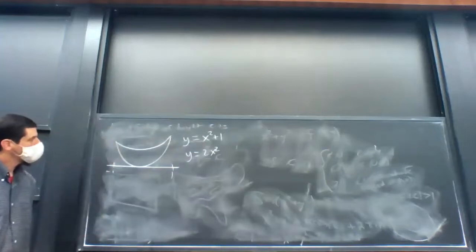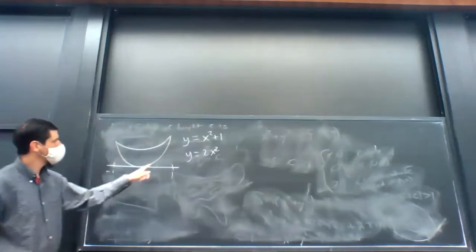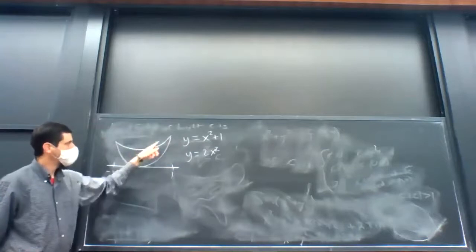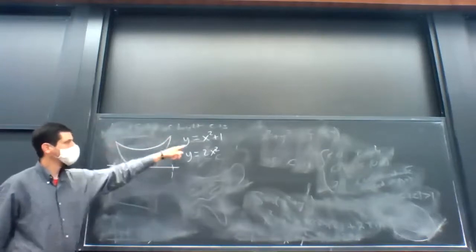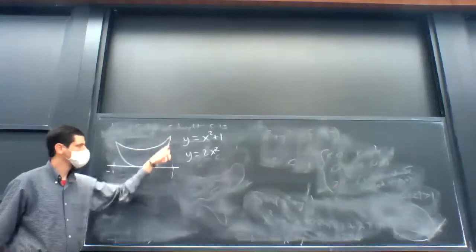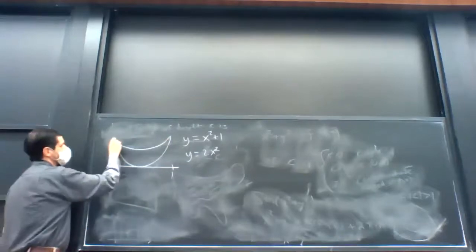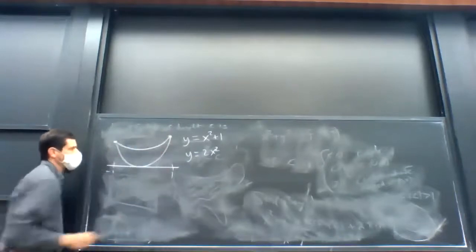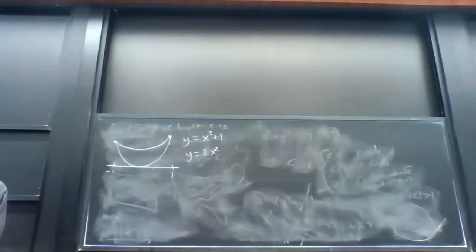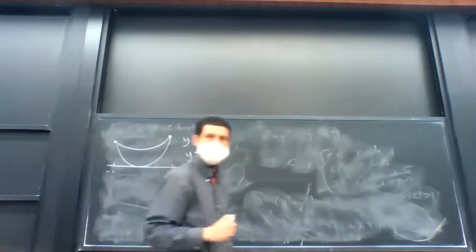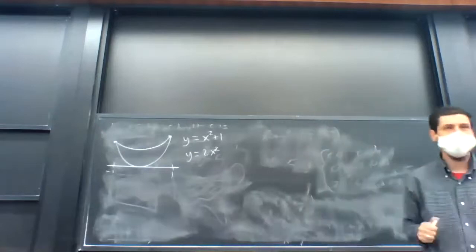If I look at y equals x squared plus 1, when x equals 0, it's going to be 1. When x equals 1 or negative 1, it's going to be equal to 2, the same value as the other. So these two parabolas will hit precisely at those points. Do we agree that this is a correct drawing of this?